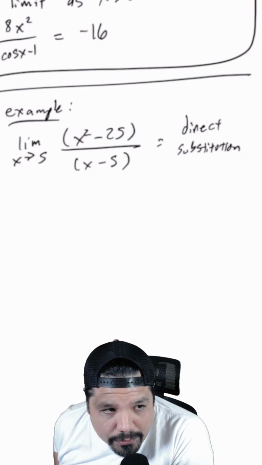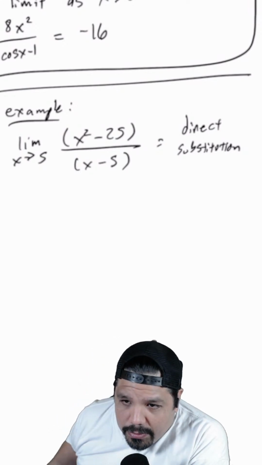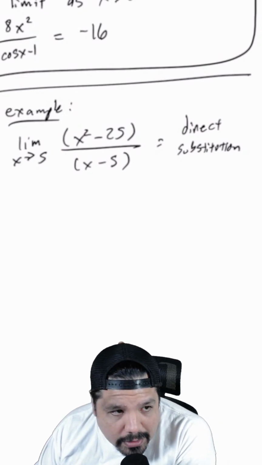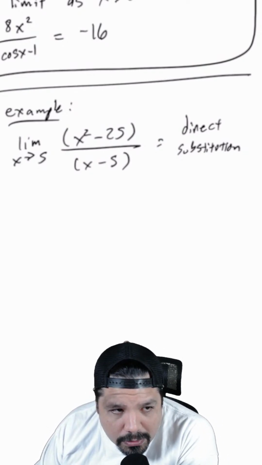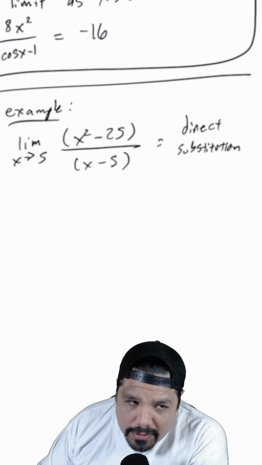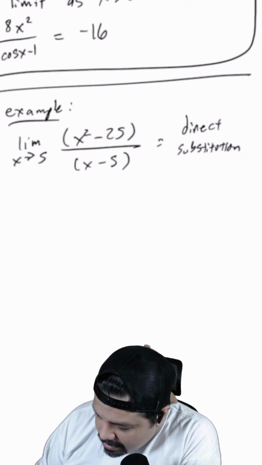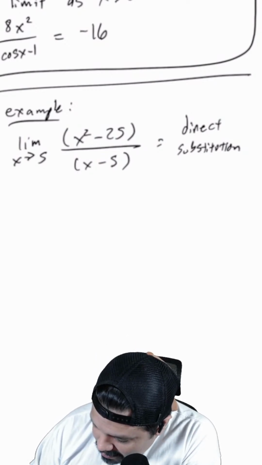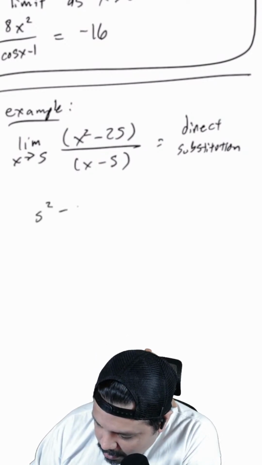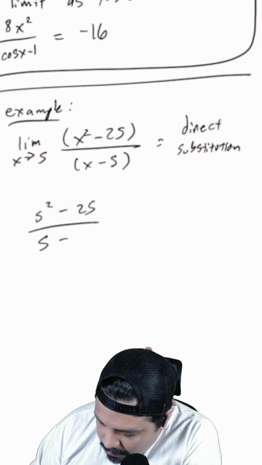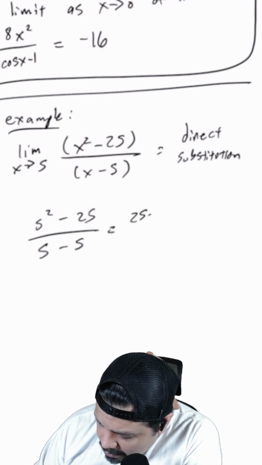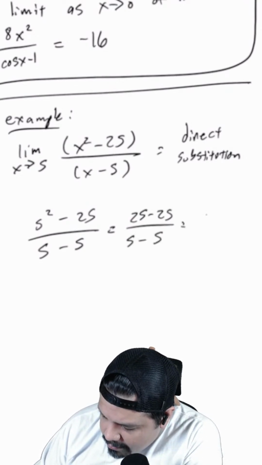Now we're going to input 5, because the limit as x approaches 5 means that you need to put in 5 into the equation. 5 squared minus 25 over 5 minus 5. 5 squared is 25, minus 25, over 5 minus 5.